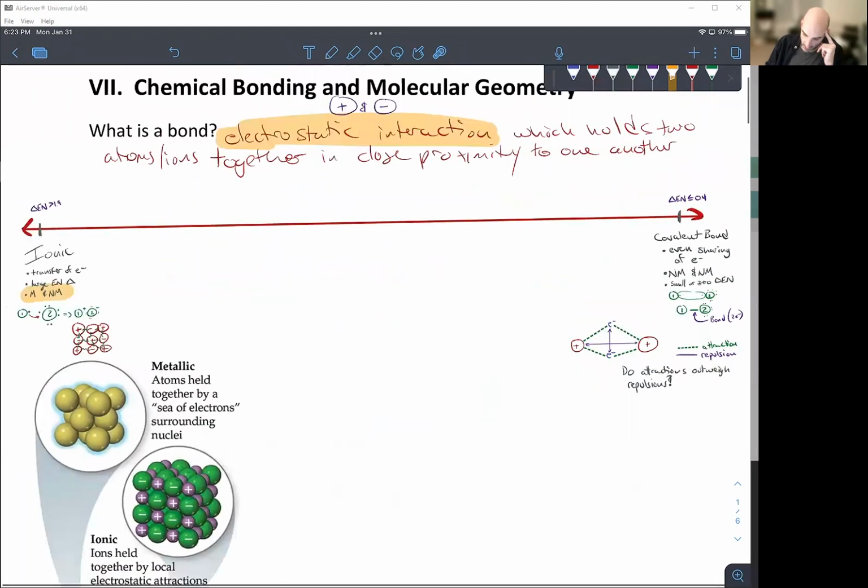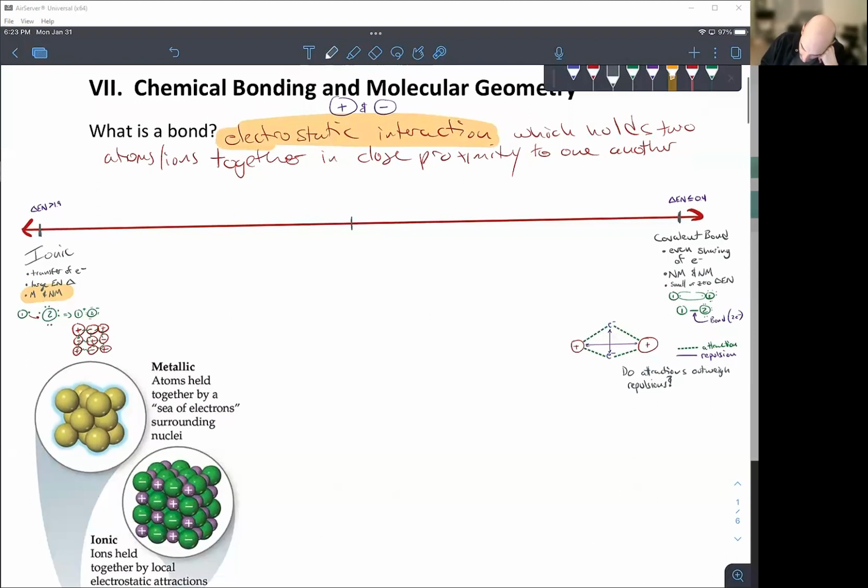So on one end, I've got ionic. On the other end, I've got covalent. And there's something in between. I drew this for a reason. In the middle, and in fact, I could really call this a large range. So if this was delta En of 0.4 to 0, again, this is going to be covalent.